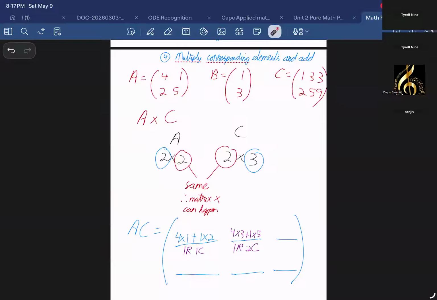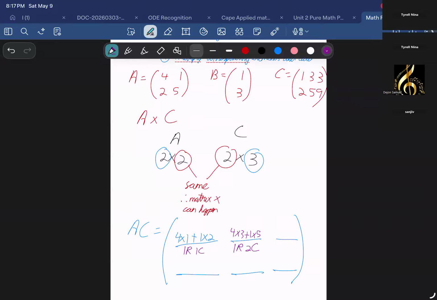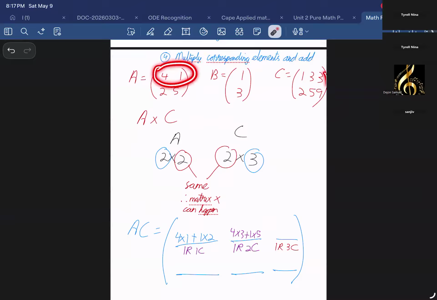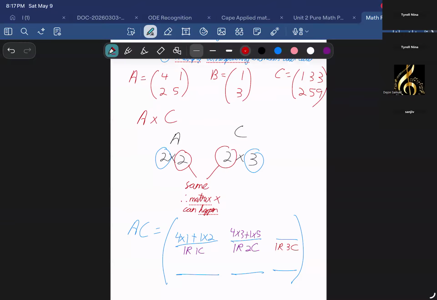Likewise, this here is my first row, third column. So we go again. This would be 4 by 3 plus 1 by 9.